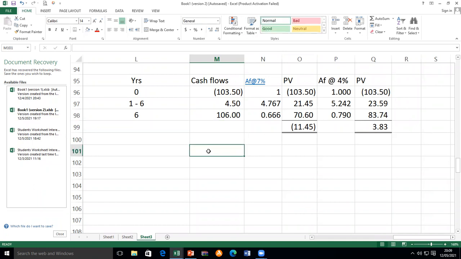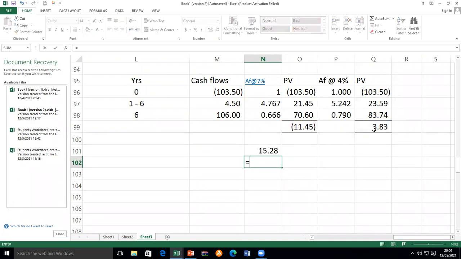So let's go. What is our cost of debt? Please, can somebody counter check my values?